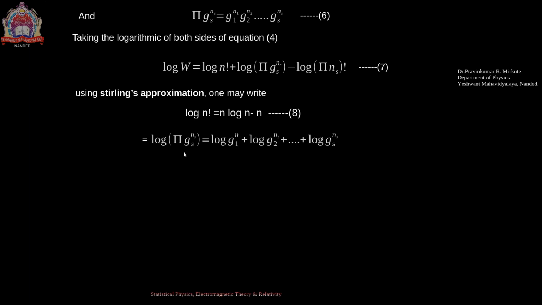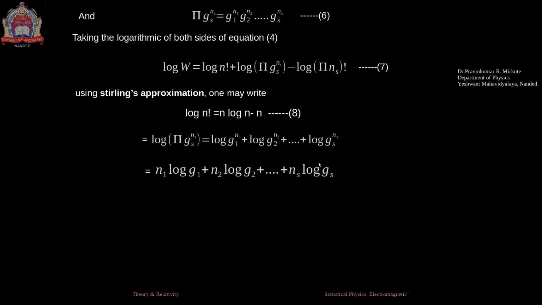We can write the log of the product of gs raised to Ns, the product of the a priori probabilities, as log g1 raised to N1, plus log g2 raised to N2, plus up to log gS raised to NS. Substituting the values, we get N1 log g1 plus N2 log g2 plus up to NS log gS.